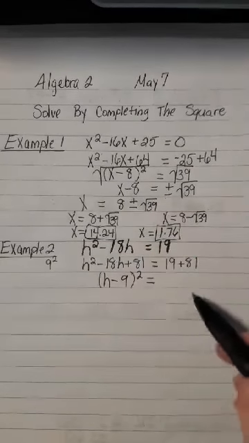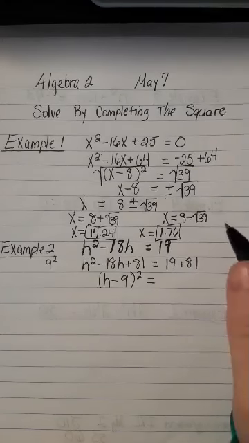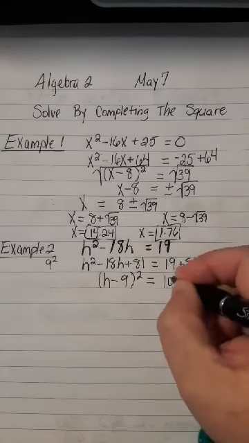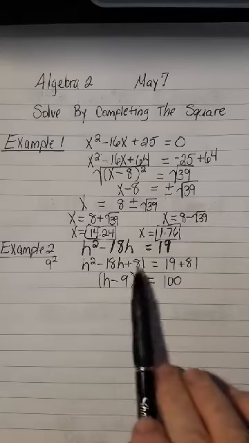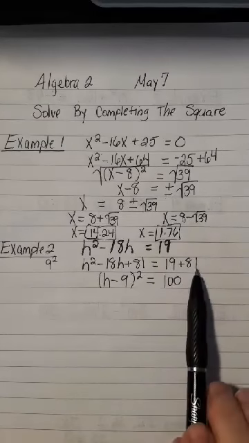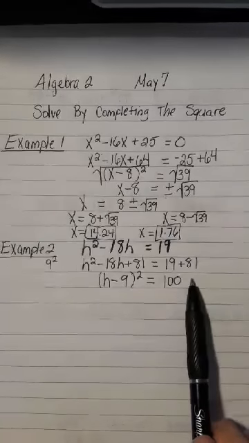On the right side, you have 19 plus 81, and that is 100. So after you have completed your square and added your number to both sides, then you factor the left side and you simplify the right side.